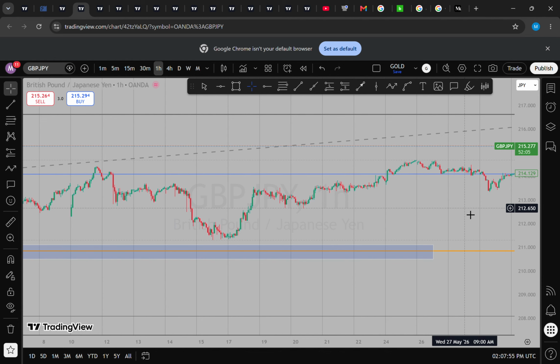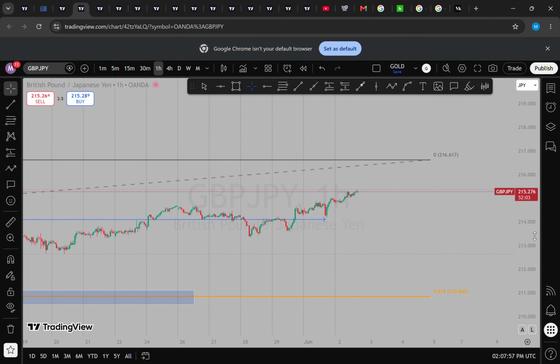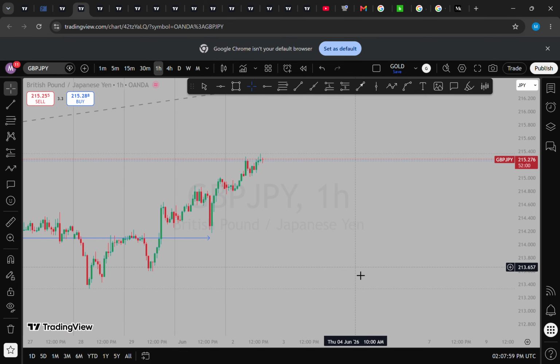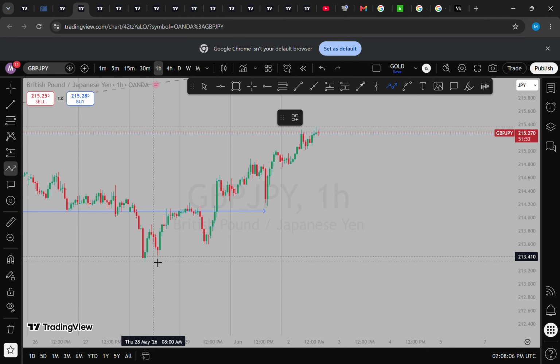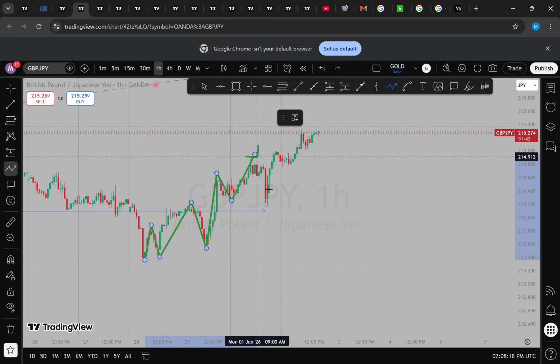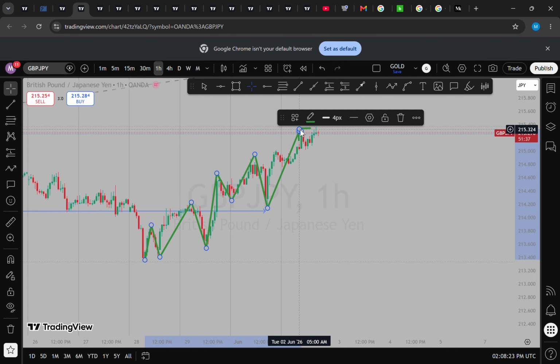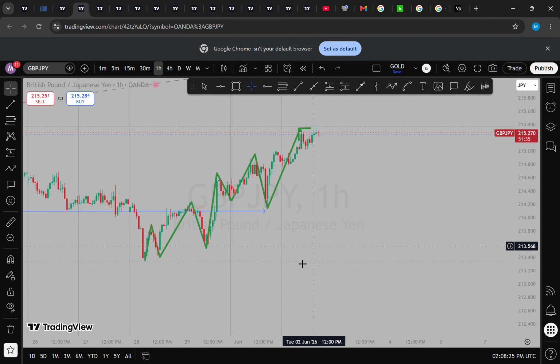From this 1 hour, you can see the structure here: low, high, higher low, higher high, higher low, higher high, and so on. So you can see that.